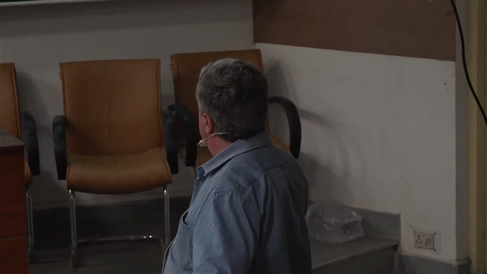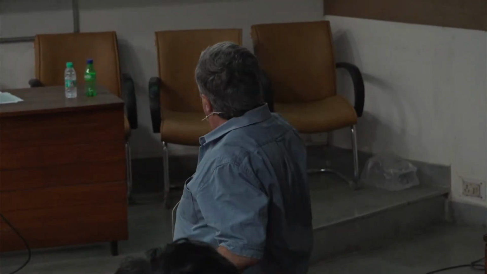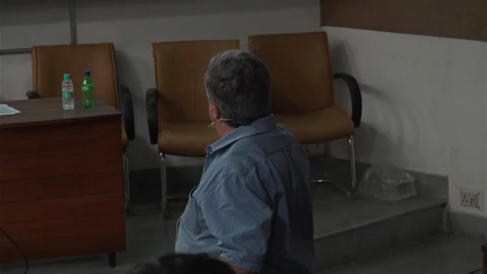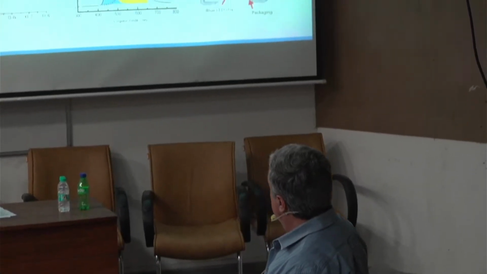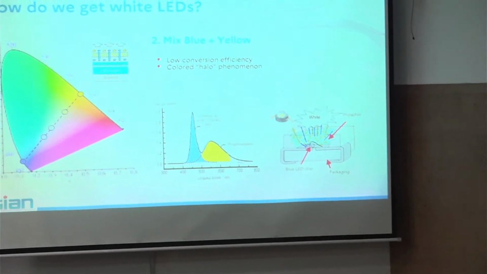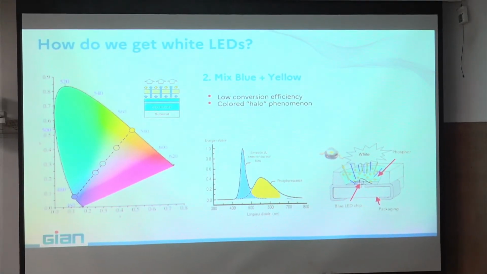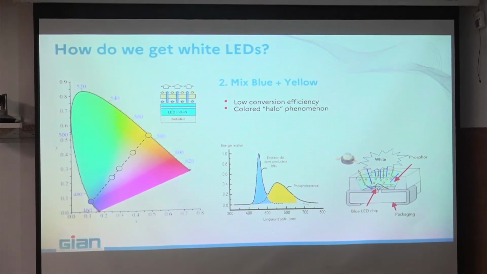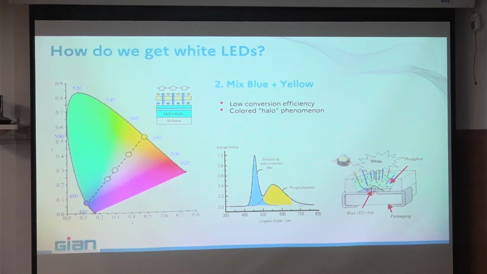And if you do that, then the blue light here is like a beam, but the phosphor which absorbs the light then emits like a Lambertian system. One is a beam and the other is Lambertian. And what happened? If you look from the side, you see yellow. If you look from the top, you see blue, and the result is not very pleasant.